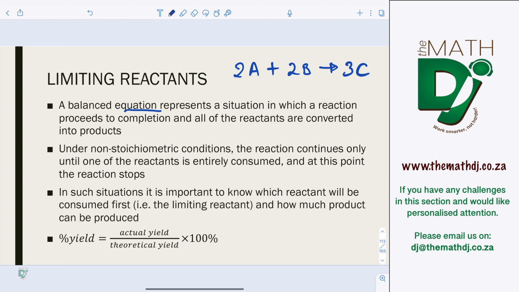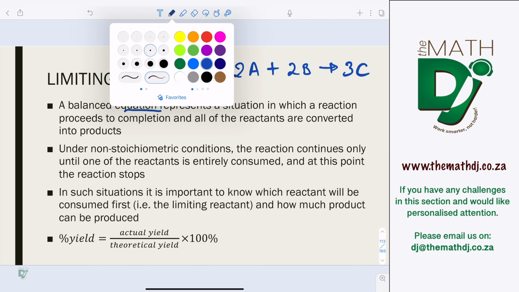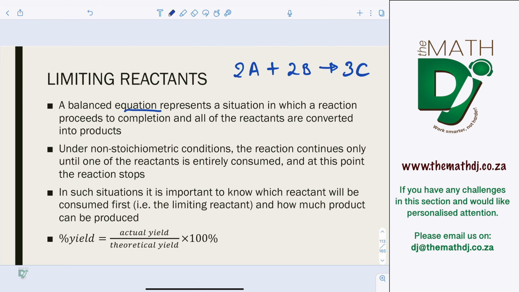This is just a hypothetical example. So we are saying a balanced equation represents a situation in which a reaction proceeds to completion and all the reactants are converted into products.